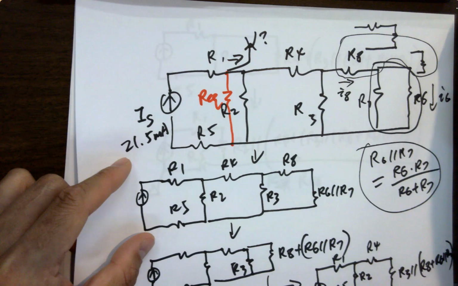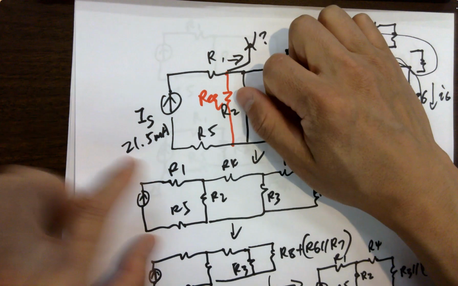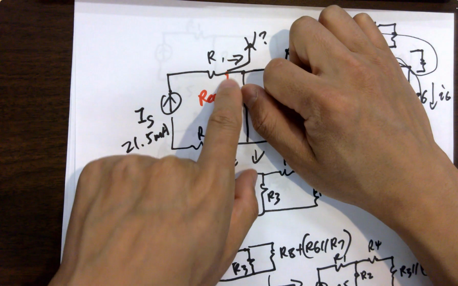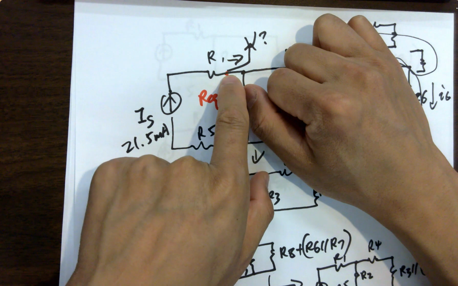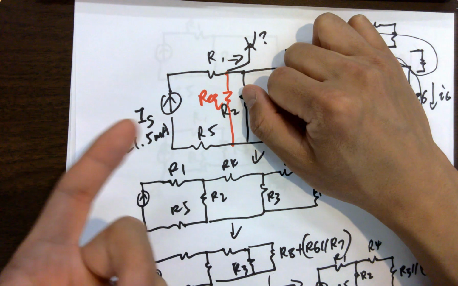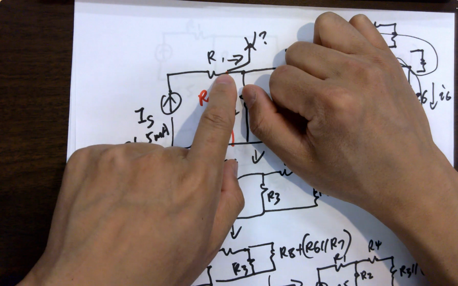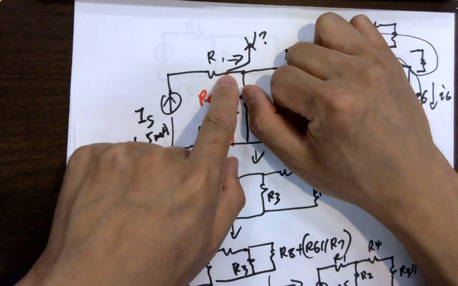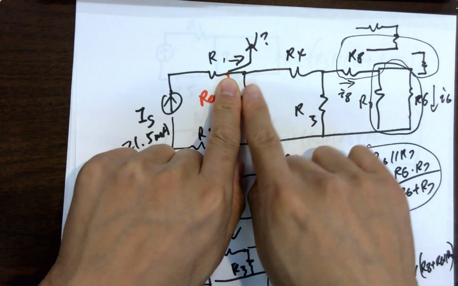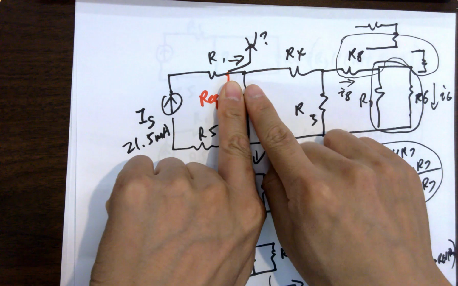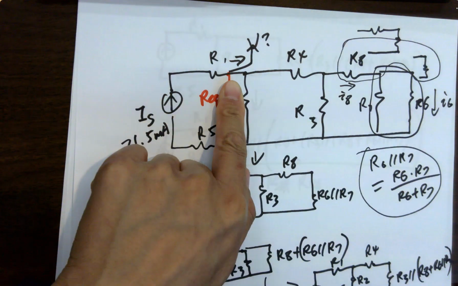If I replace everything with this REQ, and I calculate the voltage here, definitely I can do it because I have a current, I have all the resistance. Definitely I can calculate the voltage here, right? If I find out the voltage here, is it equal to the voltage of this node with all the original resistors?